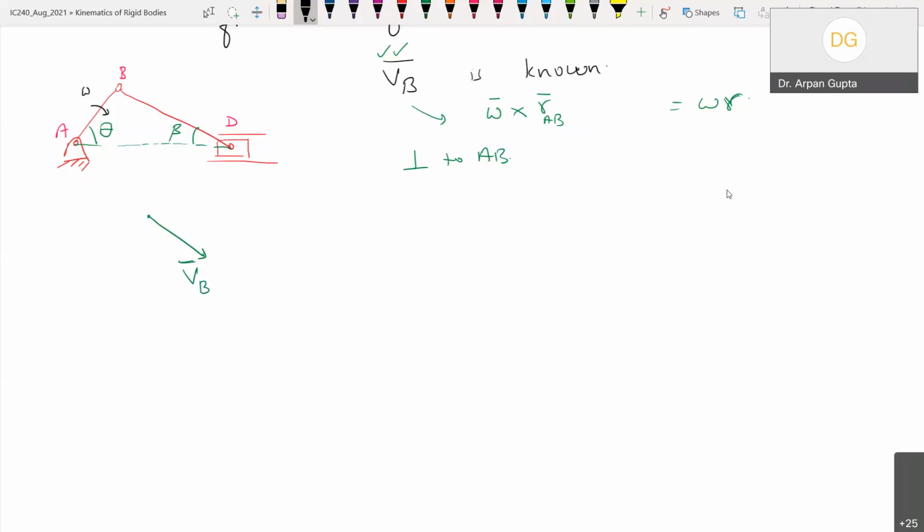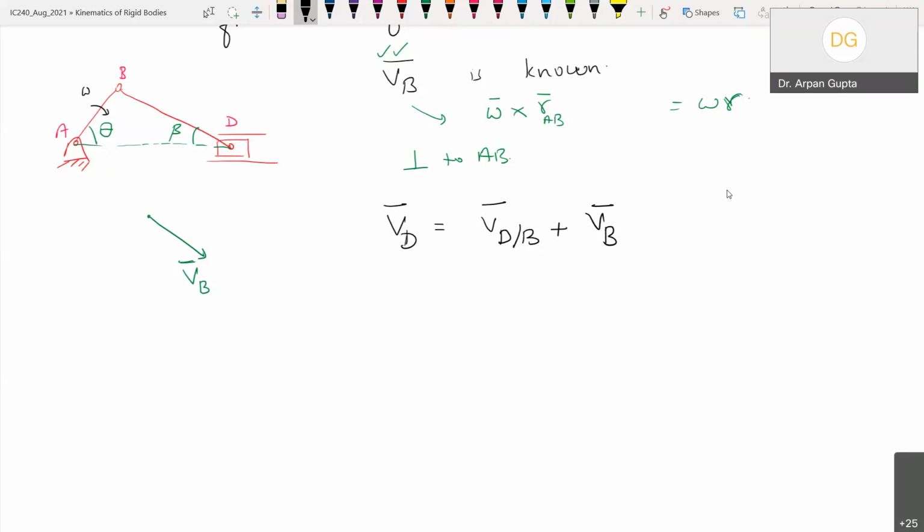The second thing we can write is, after we observe things from B, I can observe point D with respect to point B. So I can write the velocity of point D is equal to the velocity of point D with respect to B plus the velocity of B. Again, it's a vector equation, and we are using the concept of relative velocity.